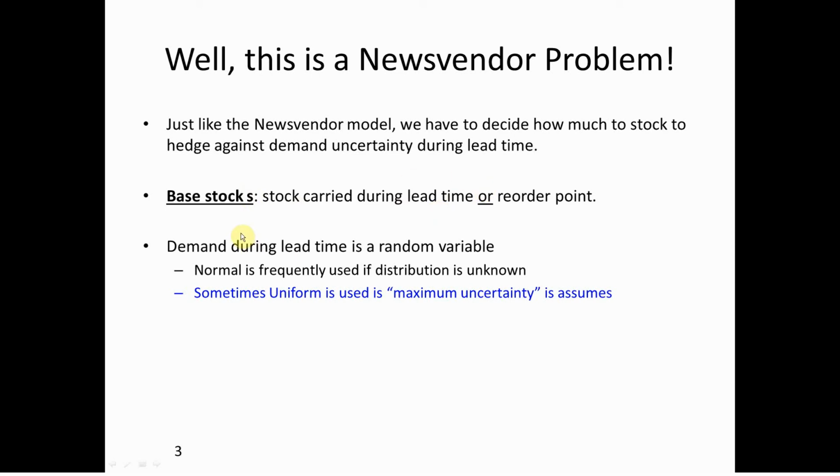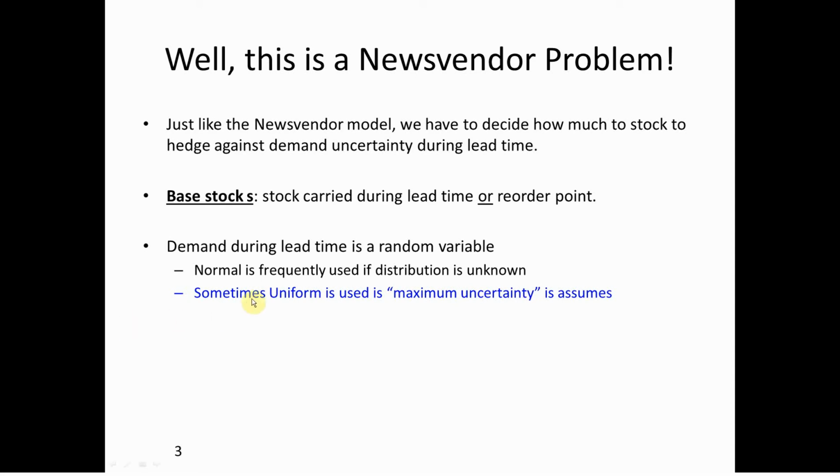We're going to assume that the demand over the lead time is a random variable, just like the demand is variable or uncertain, as in the newsvendor problem. We're going to assume again that we don't know exactly what it is. Typically, we will assume by abuse again that the distribution of the demand is normally distributed. If we don't know what it is, it's usually a pretty reasonable thing, but technically it's not really correct to use the normal distribution, but frequently we get away with it.